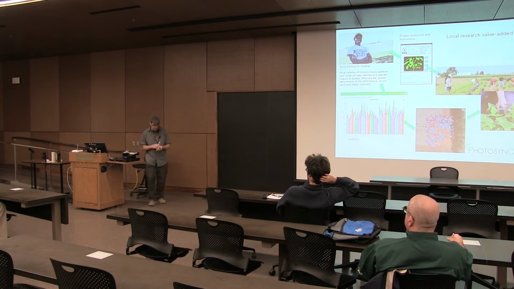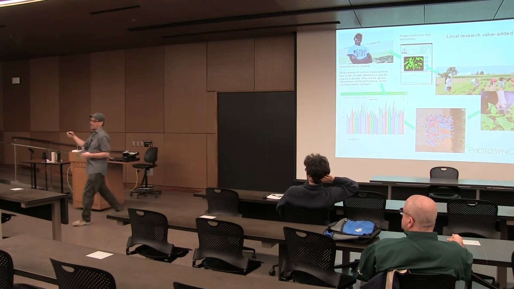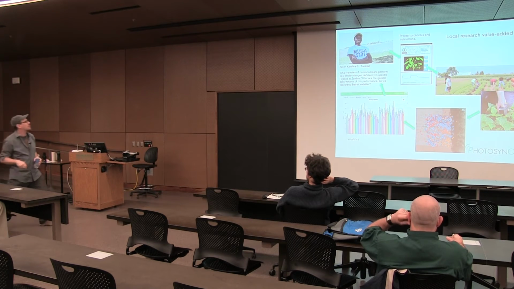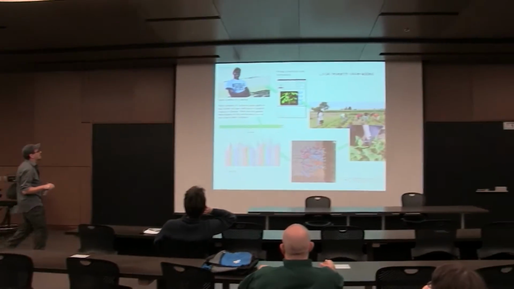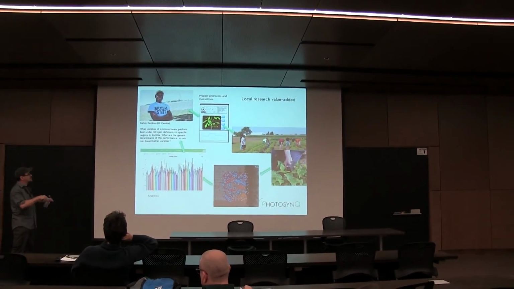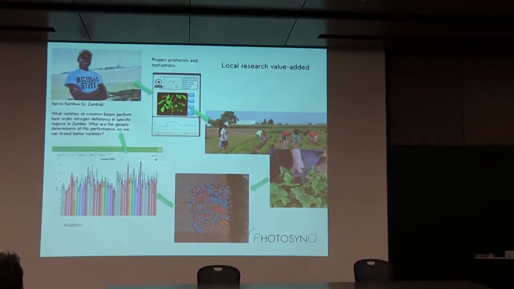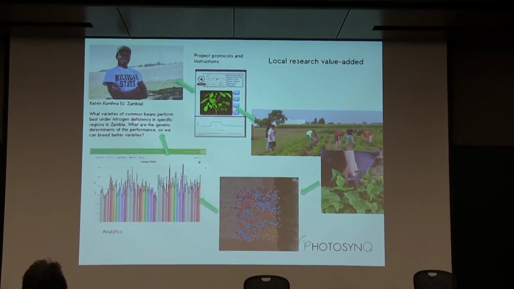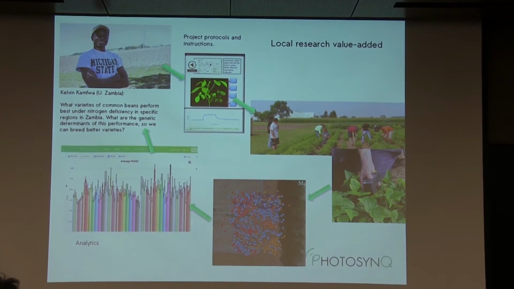Okay, here's an example, which I won't go into detail because I think Dan's going to get better examples, but here's Kelvin, our collaborator in Zambia. He wants to know how common beans perform, which ones perform best under combinations of stresses. He comes up with a proposed plan and puts a project online.